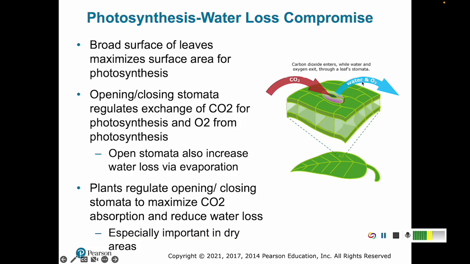And plants want to moderate that water loss because they need to keep water inside of the plant for the plant's use. That's especially important if they're in some place dry. They can't just keep their stomata open all the time to bring in carbon dioxide because they would lose all their water. So they're going to be able to regulate how they open and close their stomata to try to maximize the carbon dioxide while minimizing the water loss.